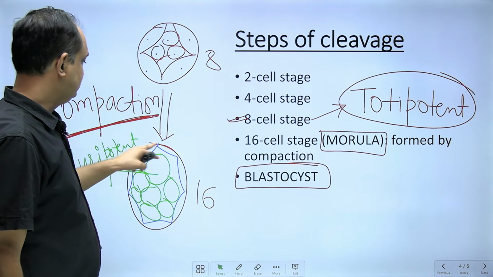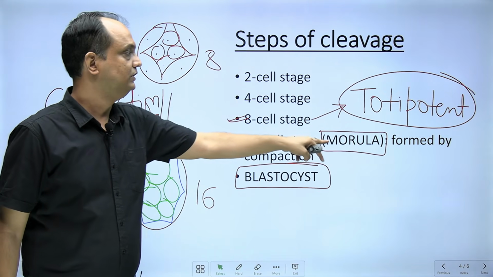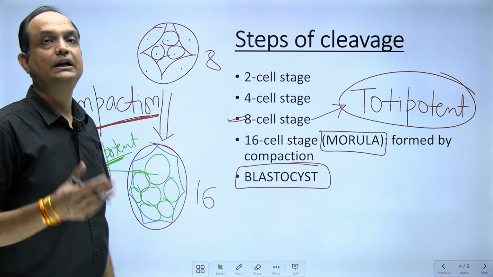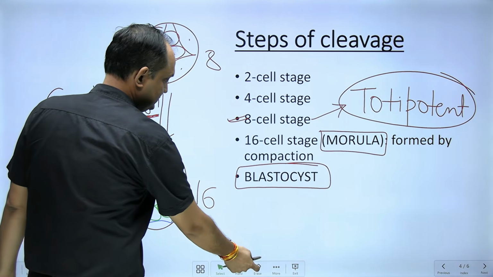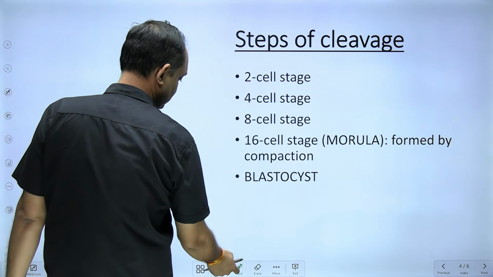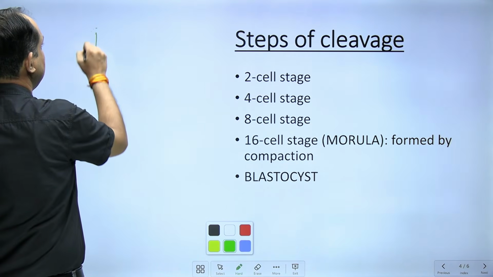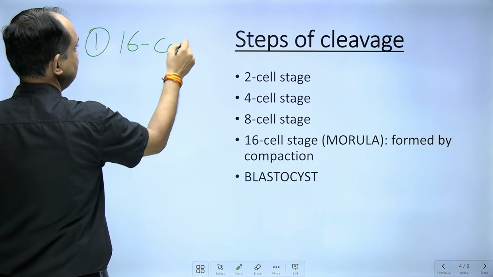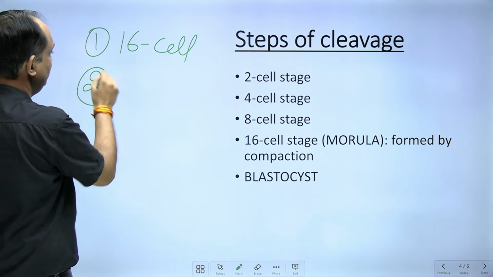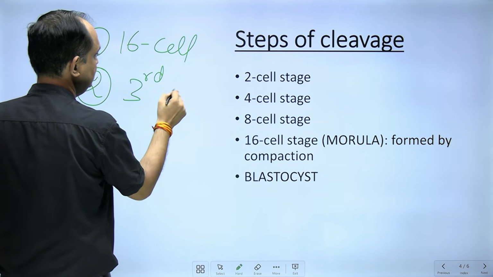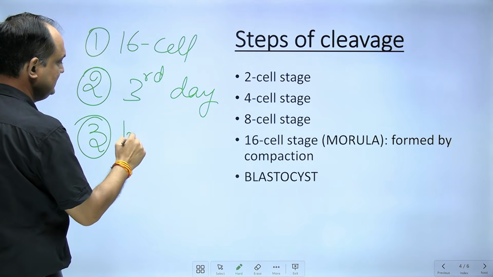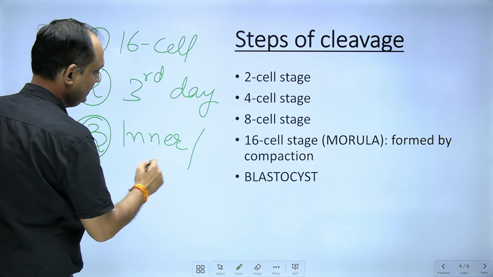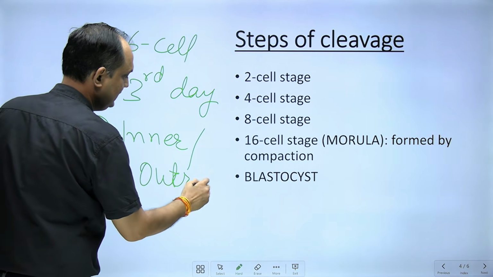So, my dear students, this 16 cell stage is known as morula, because it appears like a mulberry shape. Now the question is, what are the features of the morula? The first feature is that it is a 16 cell stage. The second feature is that the morula is formed on the third day of fertilization. The third characteristic is that the cells are arranged into the inner and outer cell mass.